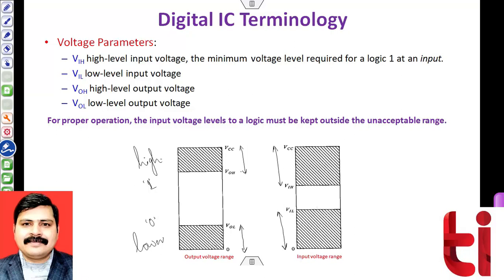You can see from these two schematics that intentionally we have kept the range of my input voltage wider in comparison to the range of output. And soon you will get the answer why we are choosing these particular ranges. So these are the voltage related parameters, four parameters interestingly: VIH, VIL, VOH, VOL. The suffixes have the usual meaning, and one can easily understand the definition of all the voltage parameters from their suffixes.